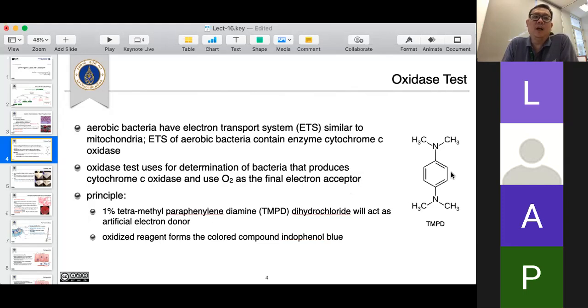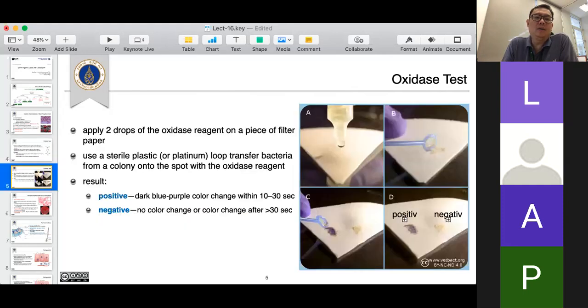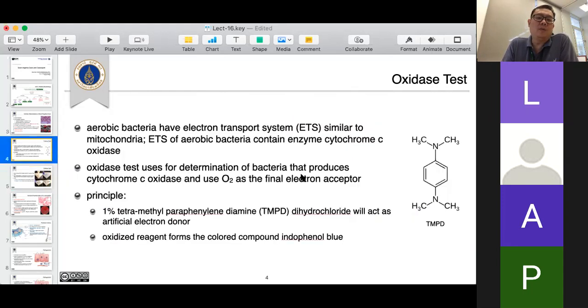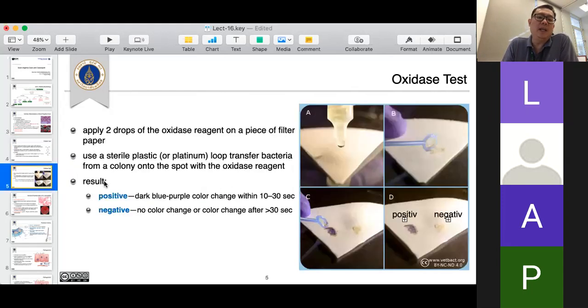the purple blue color. The lab starts from a Whatman filter paper. You drop the reagent TMPD, and then use a plastic loop, pick the colony and transfer the colony to the paper that is soaked with the reagent.